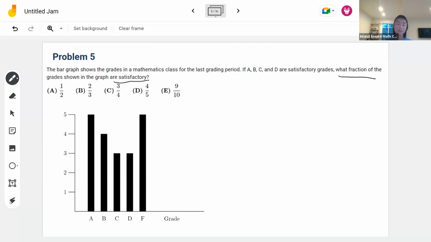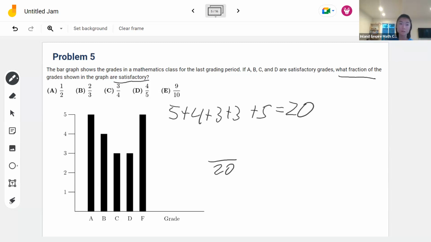So when it's asking for a fraction, we're just asking for how much we're looking for versus the total. The total in this graph is all of these numbers added up, right? So we have 5 for A, plus 4, plus 3, plus 3, plus 5, which gives us 20. So our total is 20.